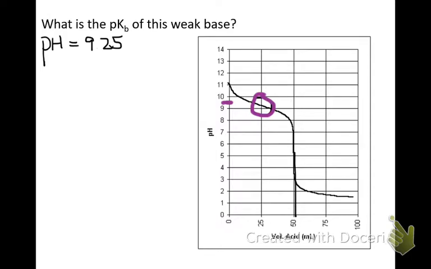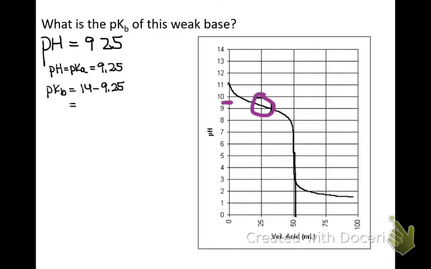Now, because this is pH, that 9.25 equals the pKa at the half equivalence point. So that means that the pKa of the acid form is 9.25. To find the pKb, we need to subtract this from 14, pKw.